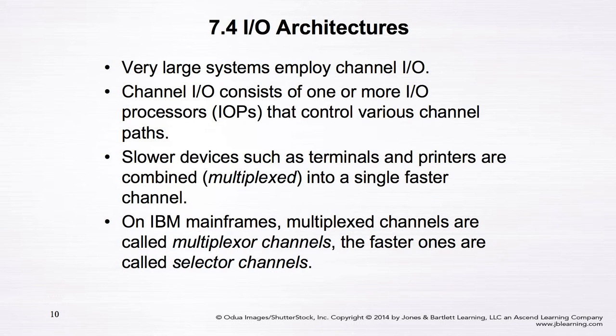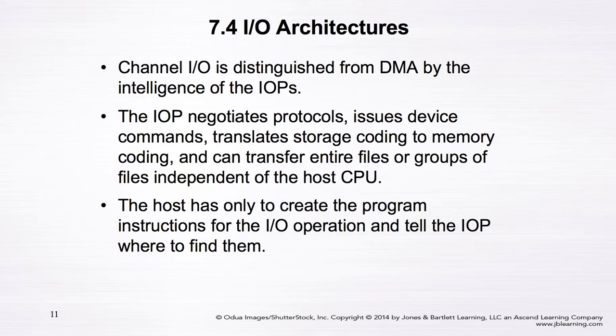So very large systems actually employ channel I/O. Channel I/O basically consists of one or more I/O processors that control various channel paths, and slow devices such as terminals or printers are combined into a single faster channel. For example, on the IBM mainframe, multiplexed channels are called multiplexor channels, and faster ones are called selector channels.